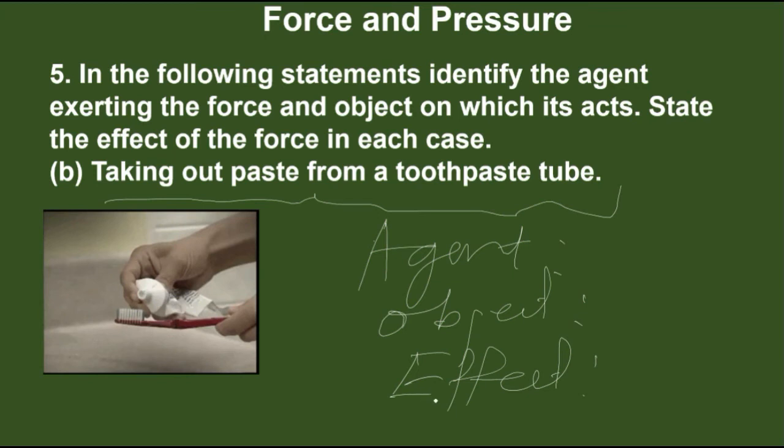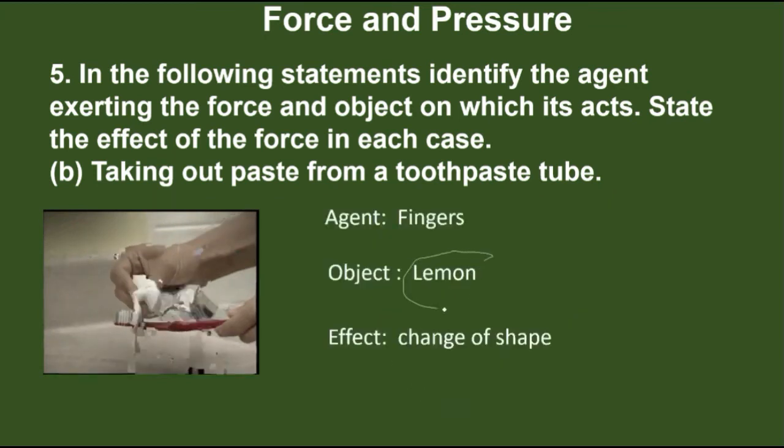Then what is the object? Is it lemon here? No, lemon is the wrong answer, right? And what should be here in place of lemon? It's toothpaste, isn't it? We are applying force on toothpaste, and again what has happened?